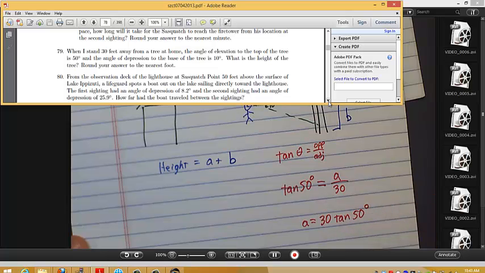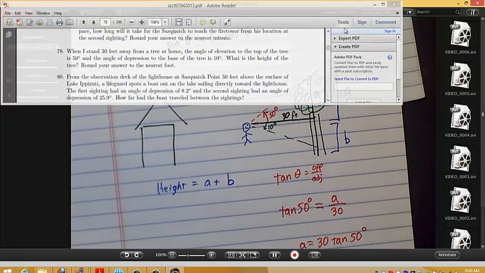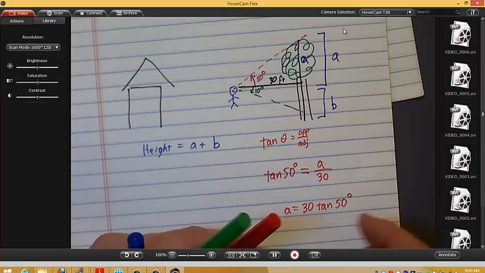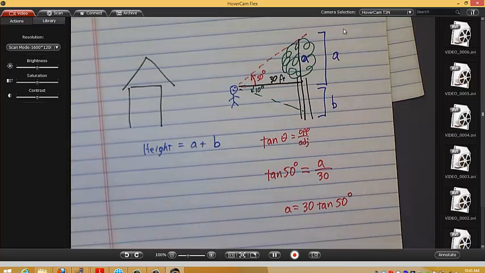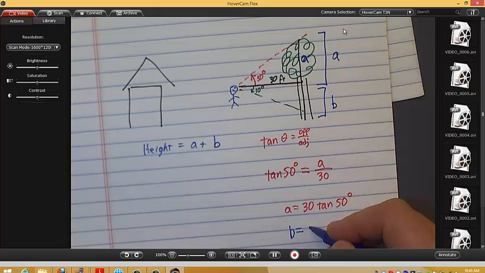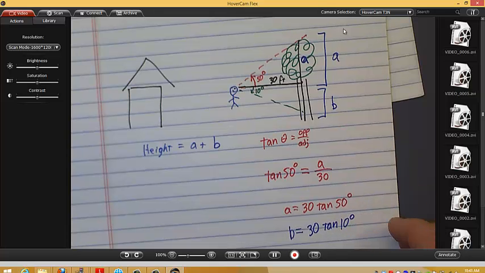And if you follow that, well, now we're in great shape. You could use very similar logic, and I could say, what does B equal? B is equal to 30 times the tangent of 10 degrees. All right? So if I add those together, then I've got it.